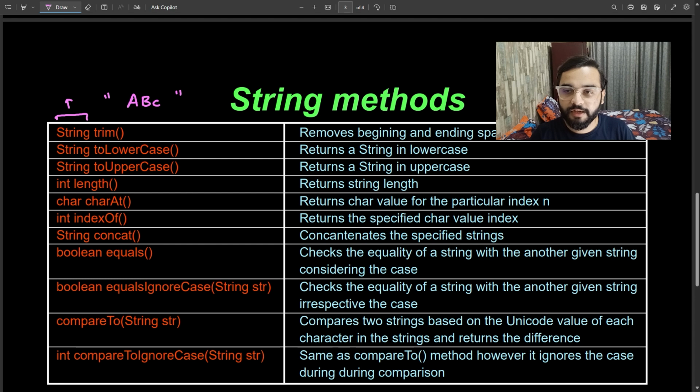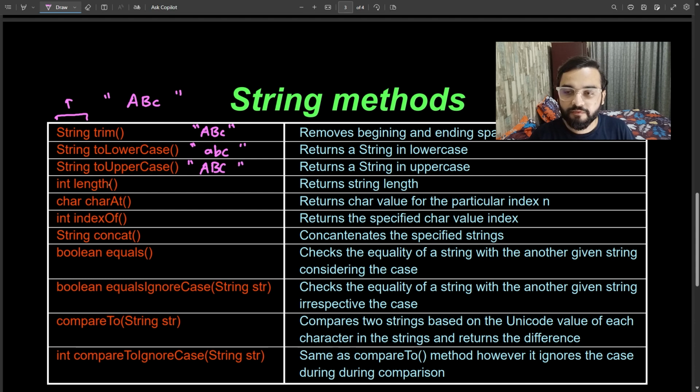If this is my string and I am using toLowerCase, then the output would be A, B and C in lowercase. toUpperCase: when we use this, all the characters present inside the string would be converted to uppercase, generally for all the English alphabets that we have. So the output of this would be A, B and capital C along with two white spaces.